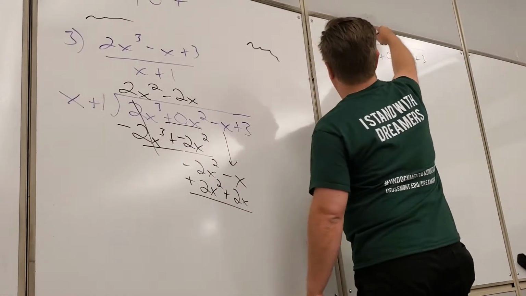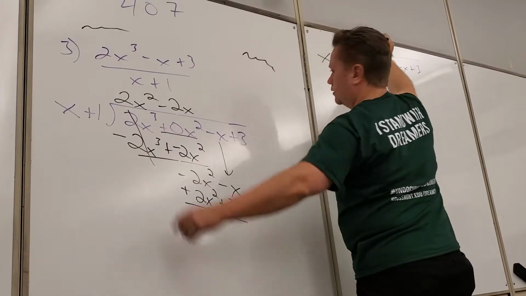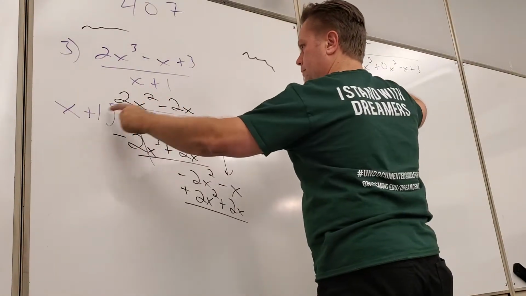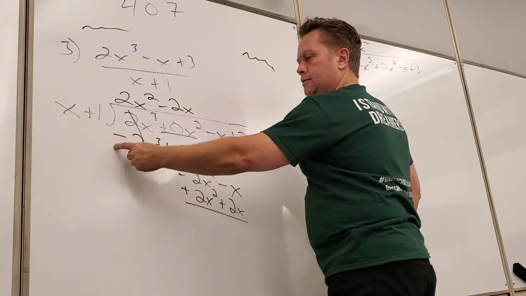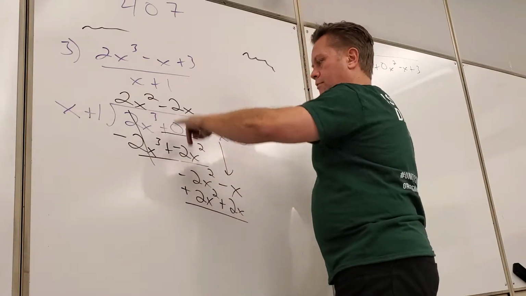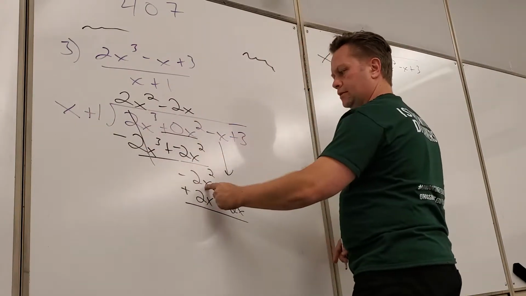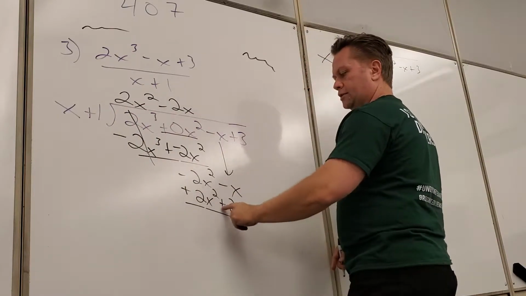X times what is 2x cubed? 2x squared. So now you're caught up. Then that times this is here, that times this is here. Subtract, so I change the signs. Okay. Combine, bring down. That times this is this. Negative 2x times 1 is negative 2x. Change the signs.